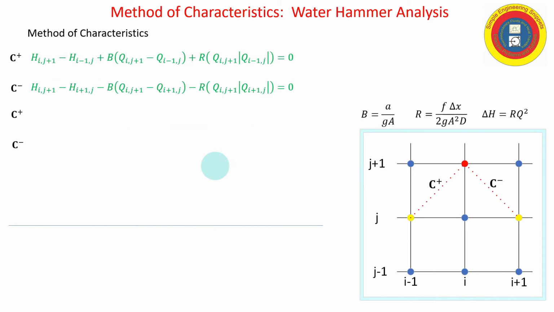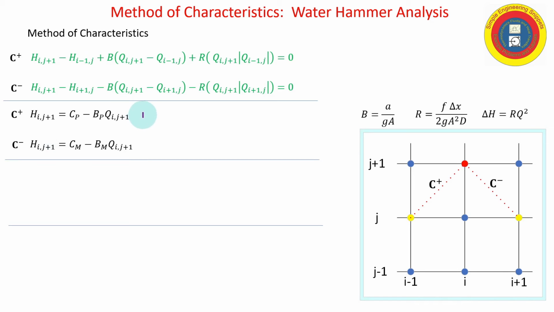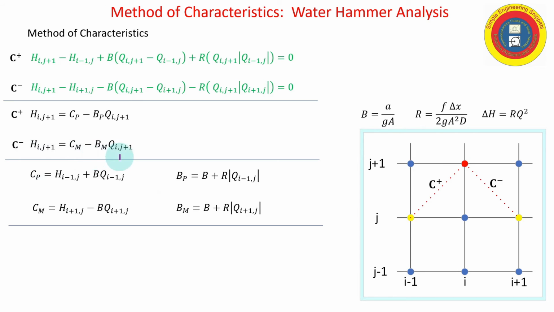Okay, so when we make those simplifications, it gets a little bit cleaner, but we still got some algebra to do. Again, I'm going to be going through this fairly quickly, doing some simplifications and some groupings. I come up with these equations, which right now make no sense, but they will in a second. Then I define the positive characteristic equation constants CP and BP as below, and along the negative characteristics CM and BM.